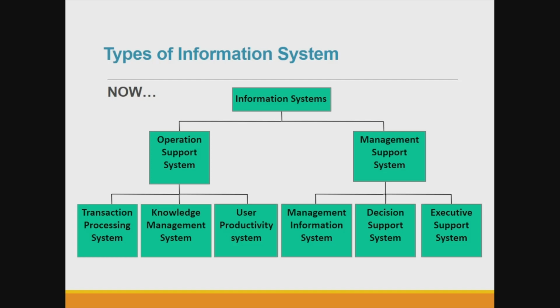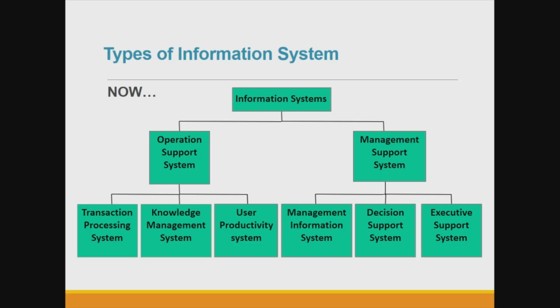So we look at the bottom again. Under the operation support system, we have transaction processing system, knowledge management system, and user productivity system. Under management support system, we have management information system, decision support system, and also the executive support system.